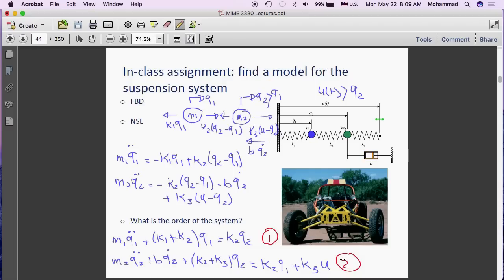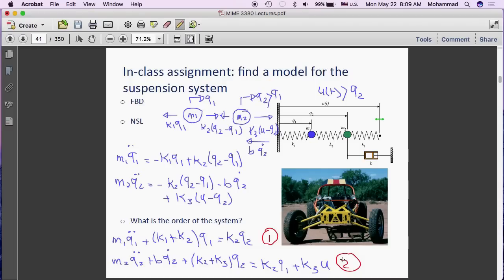It describes how Q1 double dot is a function of the rest. In other words, it tells you how Q1 changes with time. So if you solve that differential equation, you essentially get an equation on how Q1 changes with time. But you're absolutely correct that it has Q2 in it, but it doesn't tell you how Q2 changes with time. So you need the second differential equation to get that information.